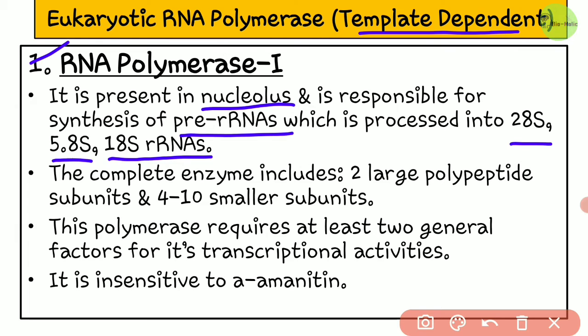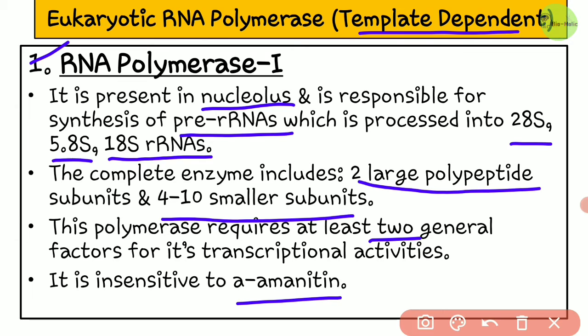And the complete enzyme RNA polymerase 1 includes 2 large polypeptide subunits and 4 to 10 smaller subunits, some of which are similar to the other RNA polymerases. This polymerase requires at least 2 general factors for its transcriptional activities, and it is insensitive to alpha amanitin.